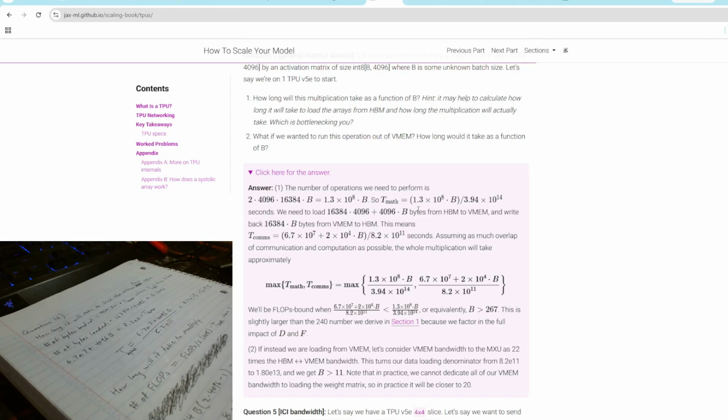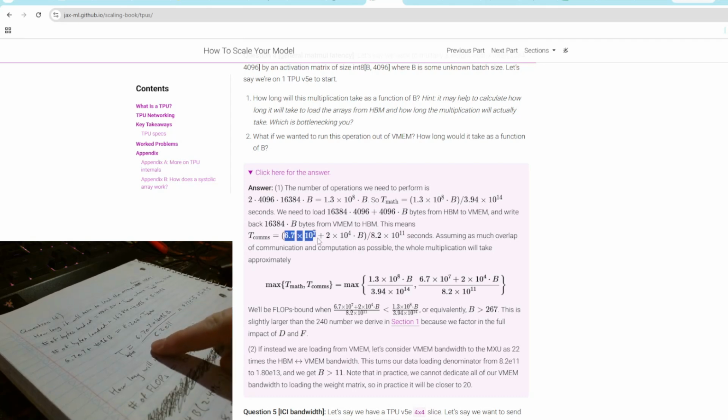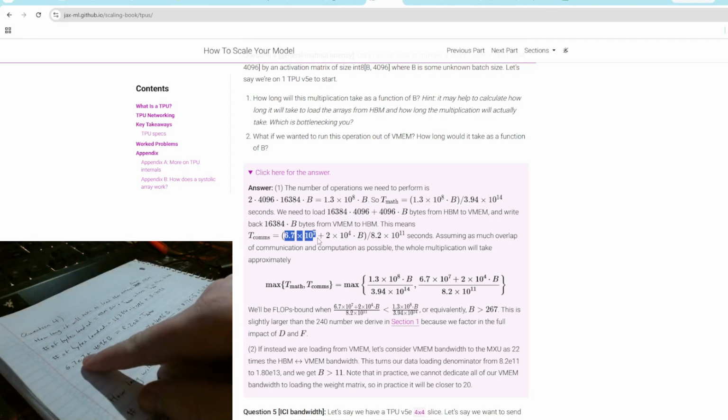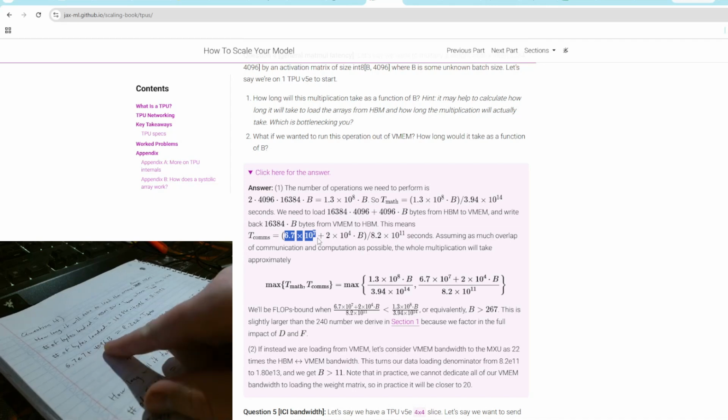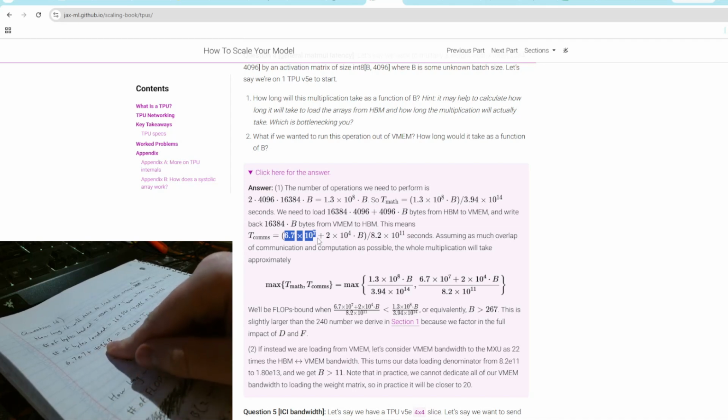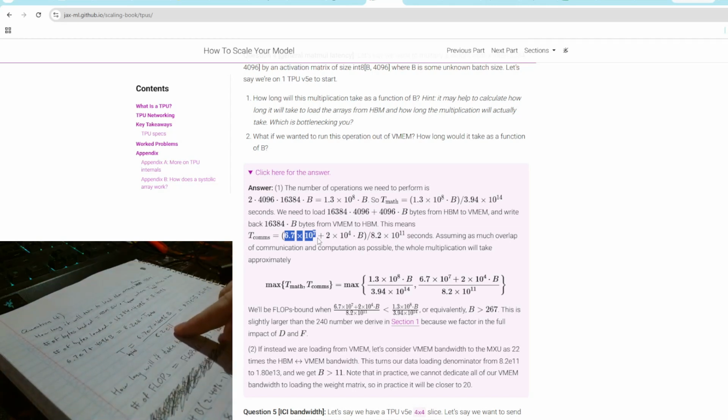Alright. So we're going to ignore this vector. This means T comms equals 6.7 e7 plus, they got a way bigger number for B, divided by 8.2 e11 seconds.